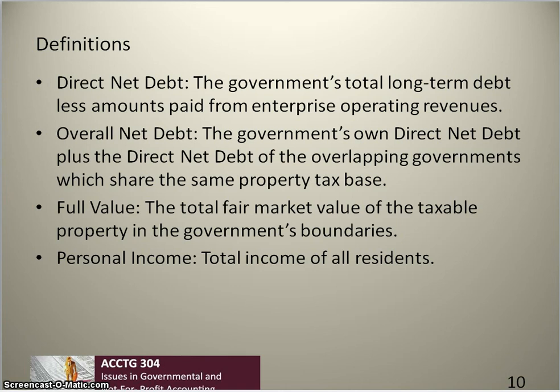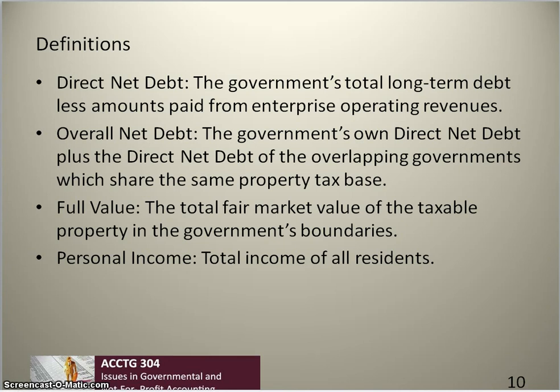So if you're looking at the debt levels on a city's tax base, you would also want to factor in the direct net debt of the county and the school district, which share the same property tax base. Full value is the total fair market value of the taxable property in the government's boundaries.